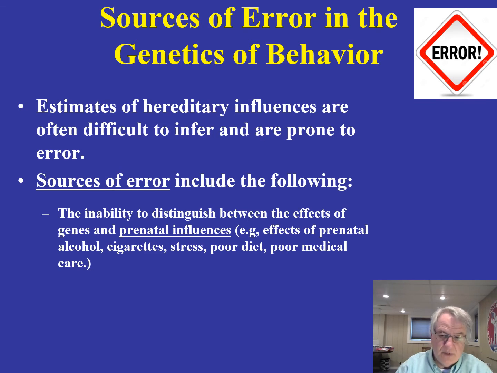For example, there's a good deal that can occur during prenatal life. Mother exposed to alcohol, for example, or exposed to poor diet, or maybe exposed to poor medical care, and then something happens to the offspring.